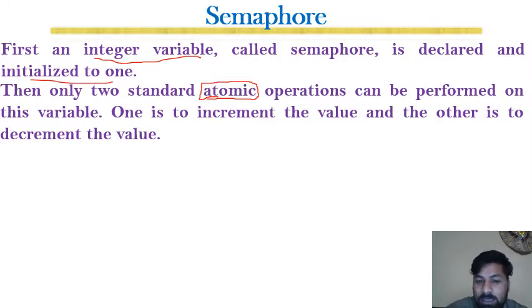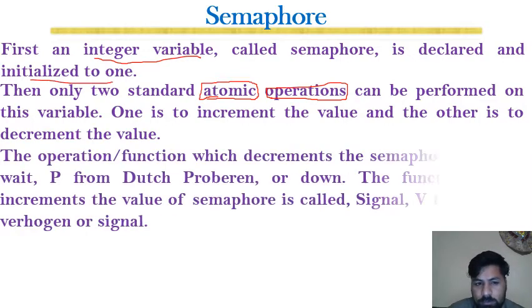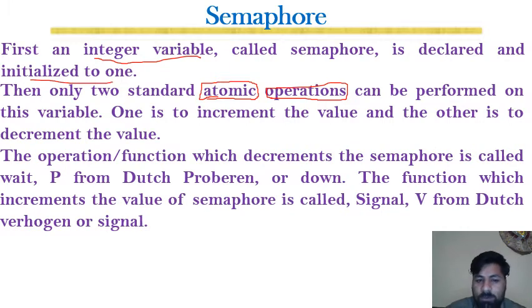One is to increment the value and the other is to decrement the value. So the two operations that we mentioned here are basically the increment and decrement operations. These functions increment or decrement the value of the semaphore. The operation or function which decrements the semaphore is called wait.